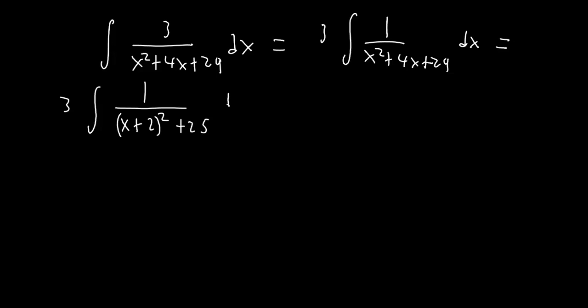We know that because 2 times 2 is 4, plus 25 is equal to 29. Now, we have a very interesting integral here, because we know that the derivative of a tan function is just this, right?